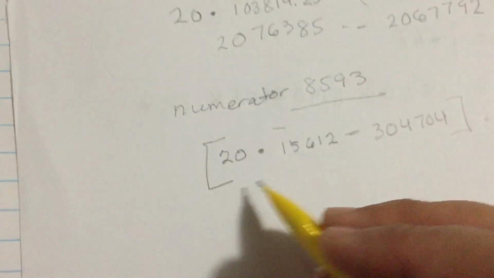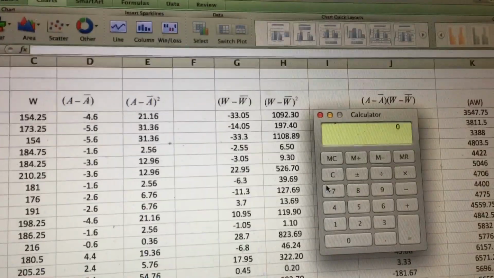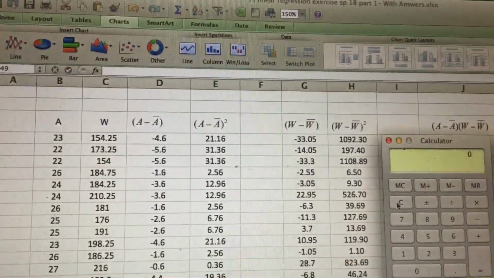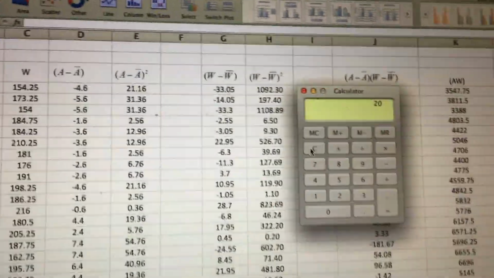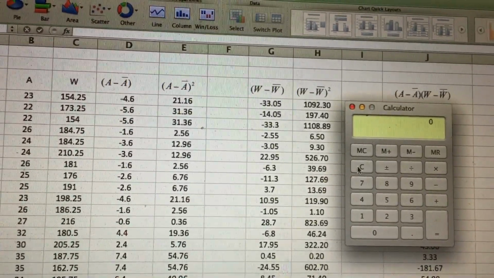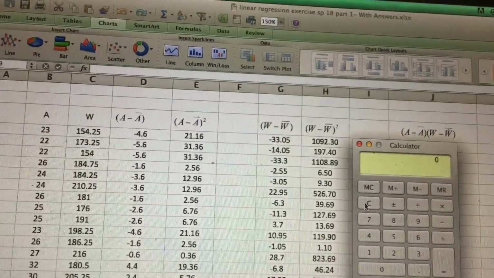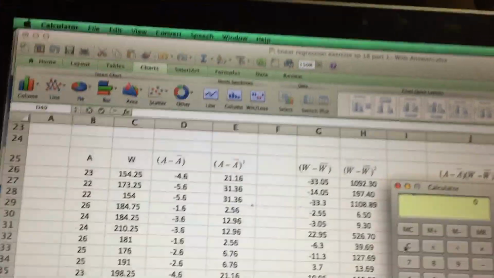Okay, so we're going to take all of this, we're going to do this on the calculator. Okay, so we got our calculator, and we are taking 20. Well, actually, let me do this first.